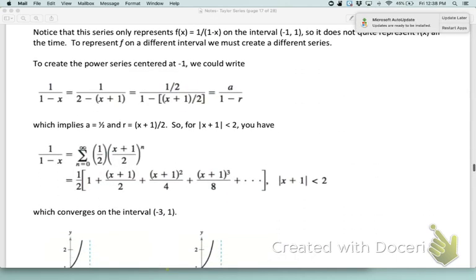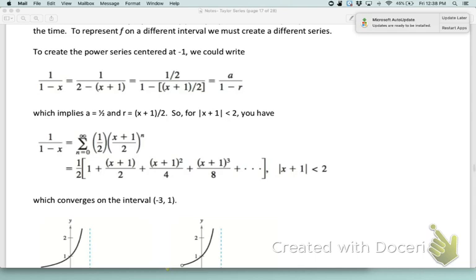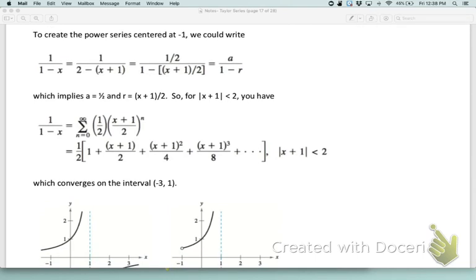So this is where we end up having to do a little bit of fancy algebra, which is always my favorite part of everything. So if we want to center it at -1, for example, then we need to change the value of x. It was just 1 minus x because our center was 0.